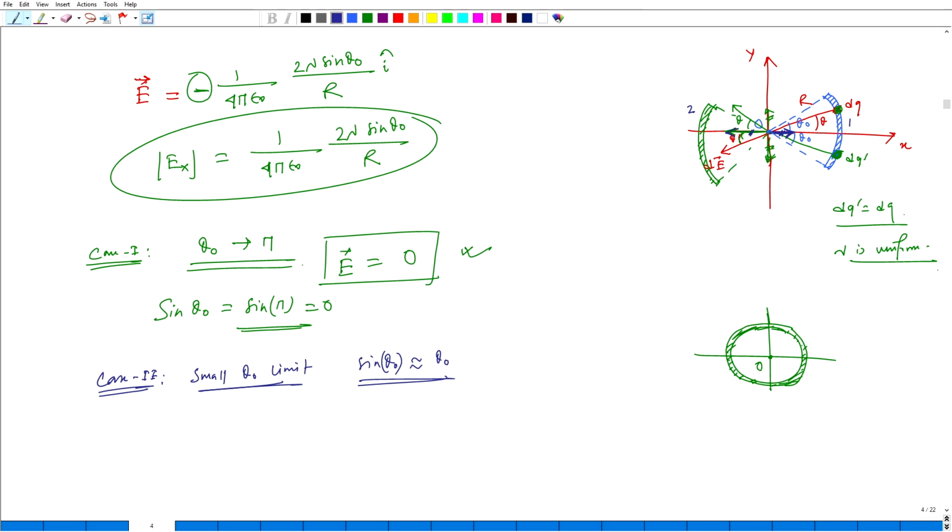If we consider theta naught to be small, the system looks like a point charge.